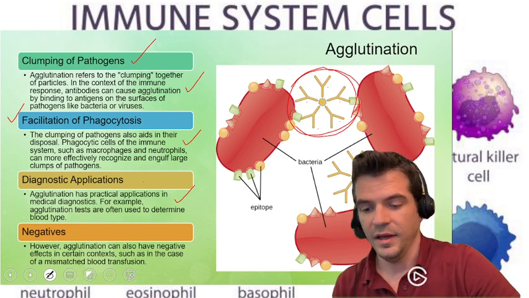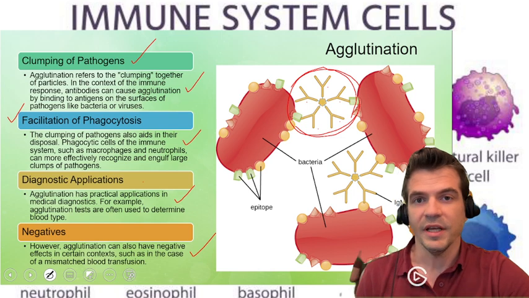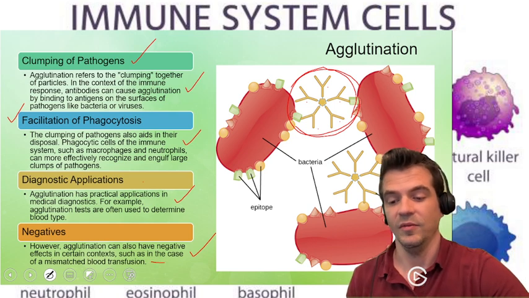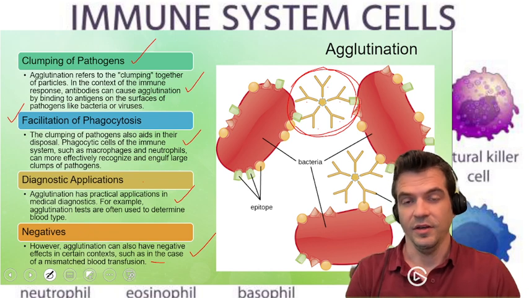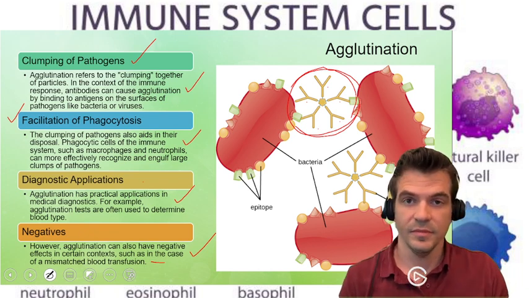Okay, and again, they don't always have a positive outcome if you do a mismatched blood transfusion, and we can see what blood transfusions can cause in our immune disorders lecture, the next lecture.